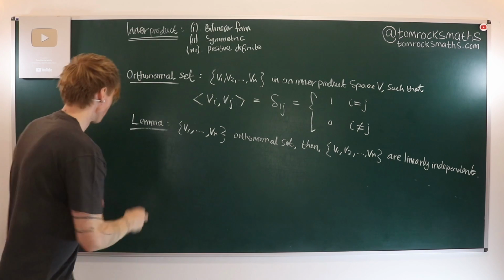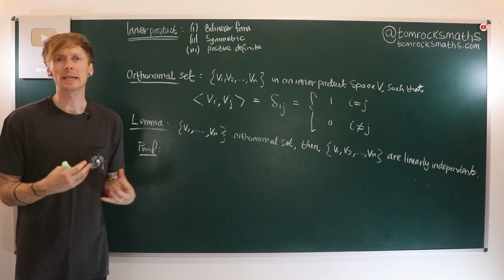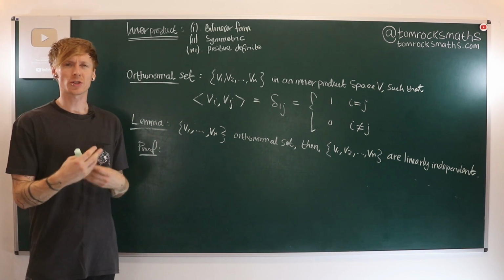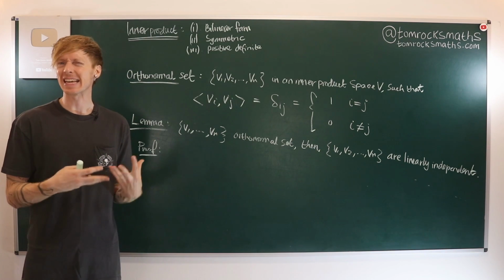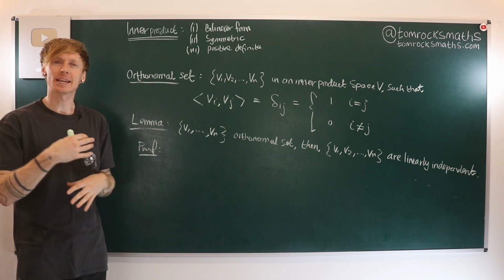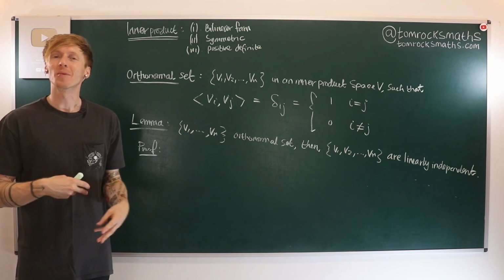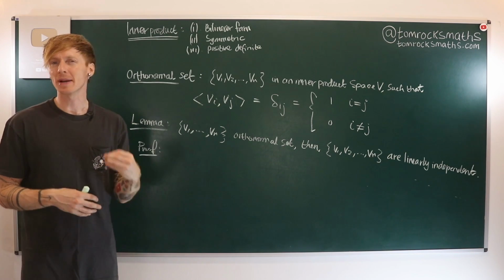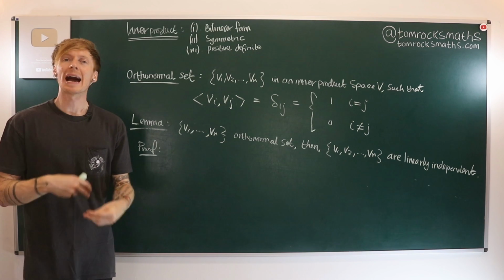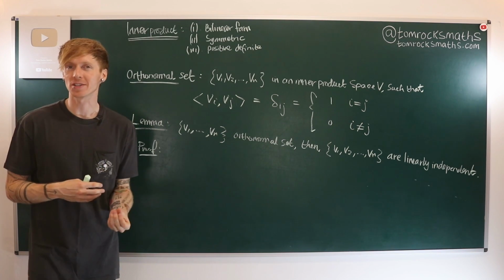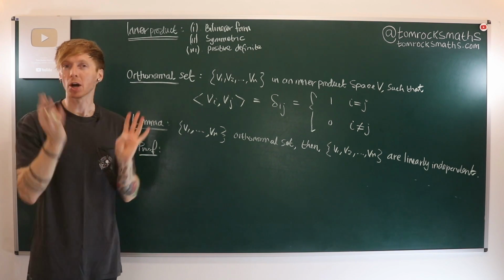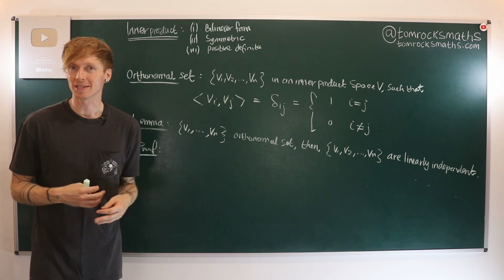So let's prove it. Whenever we have to show a set is linearly independent, there is a particularly helpful way of trying to show that property, which is to consider a linear combination of those elements and argue that all of the coefficients must be 0 if the total combination is going to be 0.